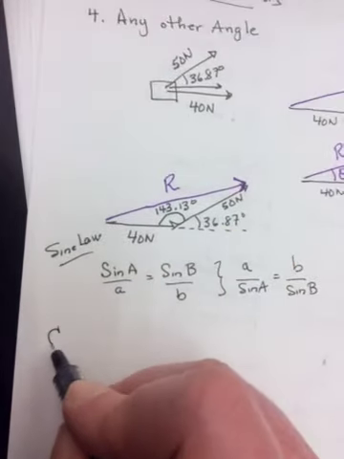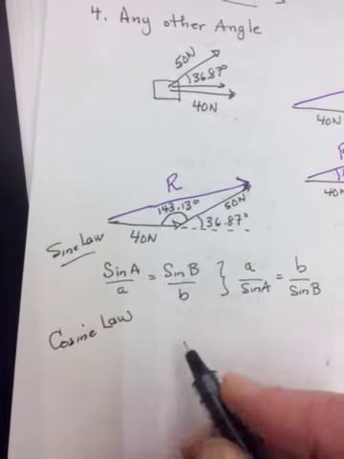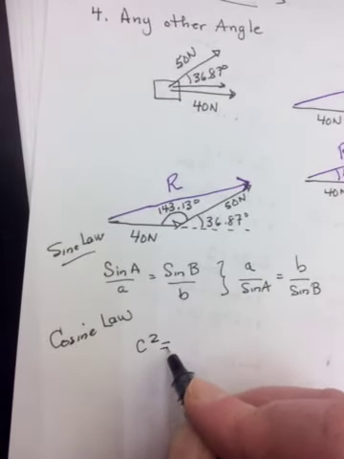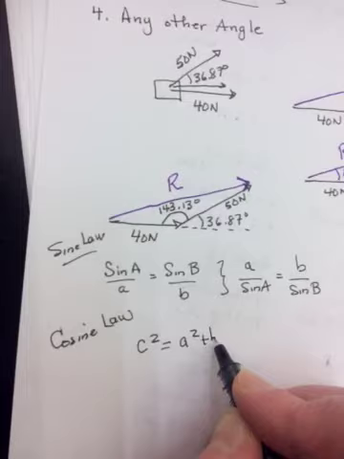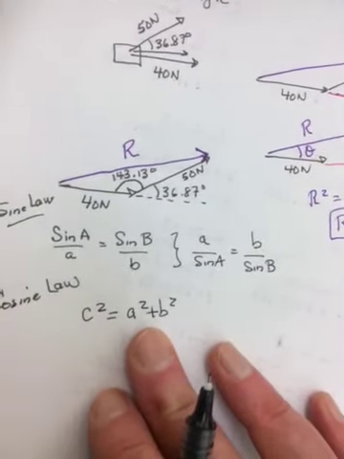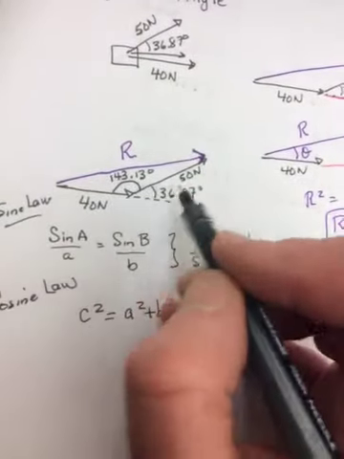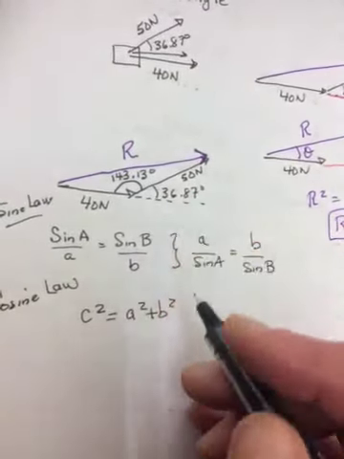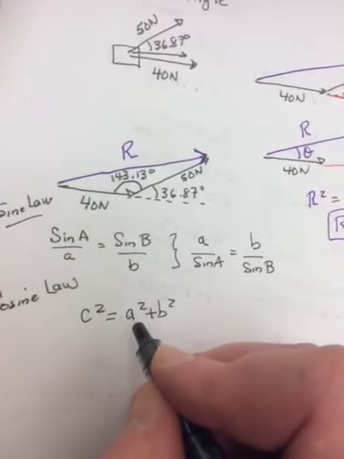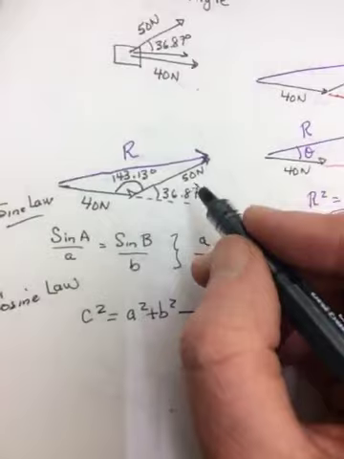The one that people usually have a harder time remembering is the cosine law. Cosine law is c squared is equal to a squared plus b squared. That should sound familiar. Cosine law starts off with Pythagorean Theorem, but it's not quite a right angle triangle. It's missing this section, so it can't just be a squared plus b squared. You have to take away something.